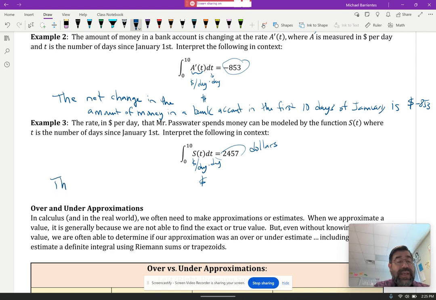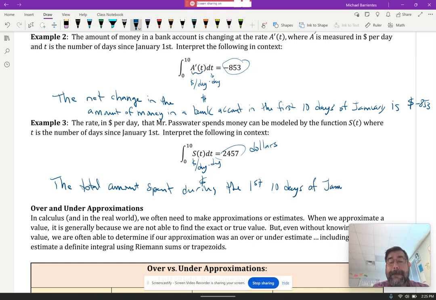So we can say the total amount spent by Mr. Passwater during the first 10 days of January is 2,457.